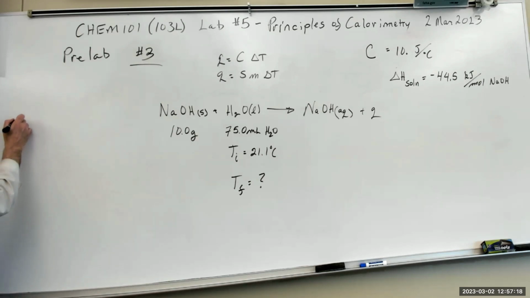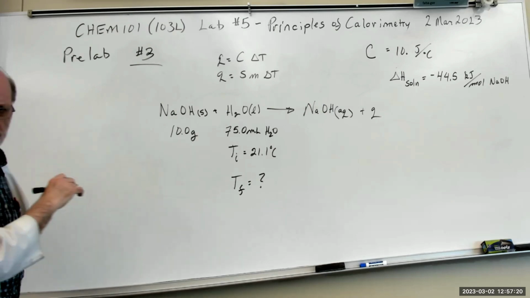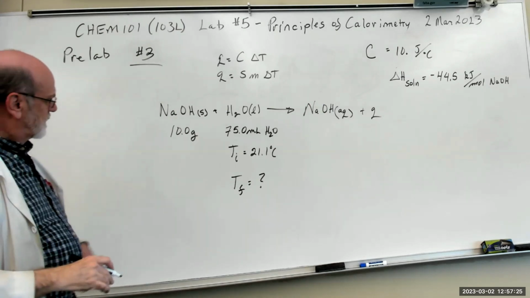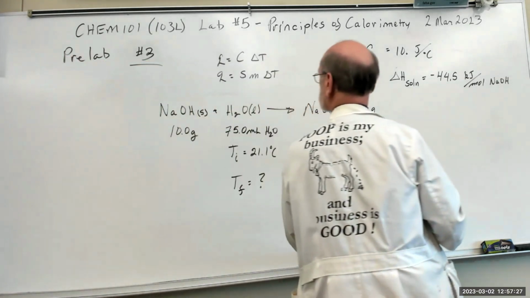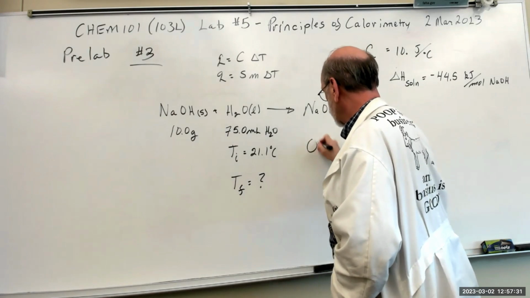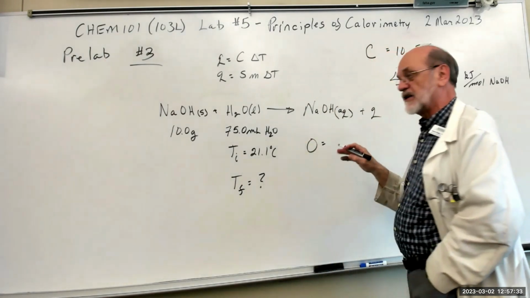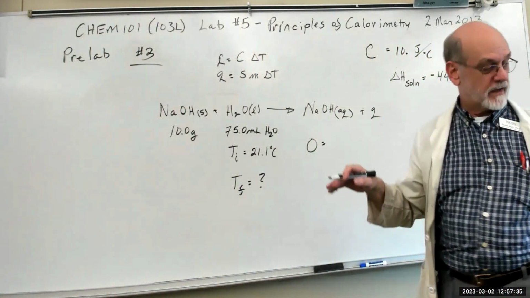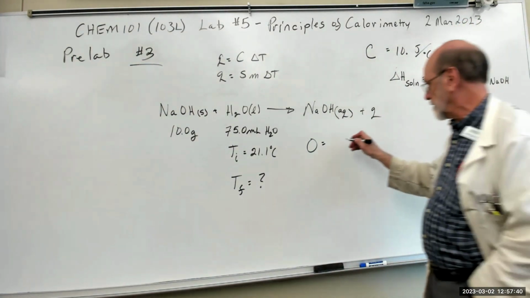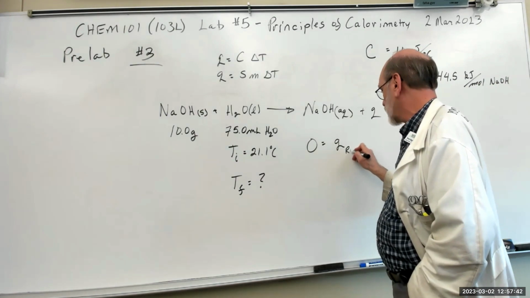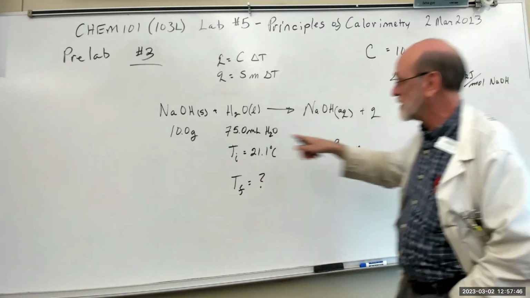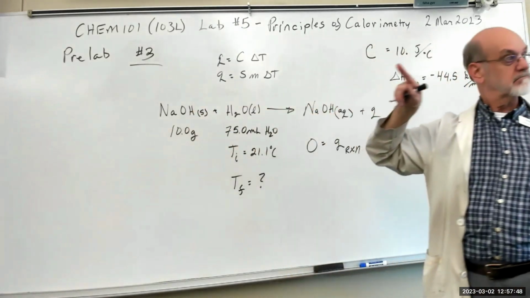So 0 equals, what are the heat changes that are going to take place? One is the heat of the reaction, and that's attributed to the heat of solution here.